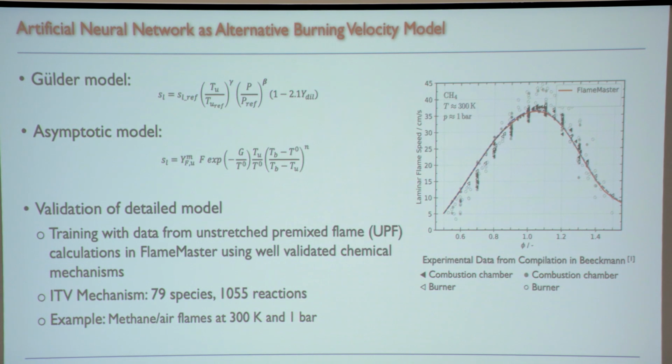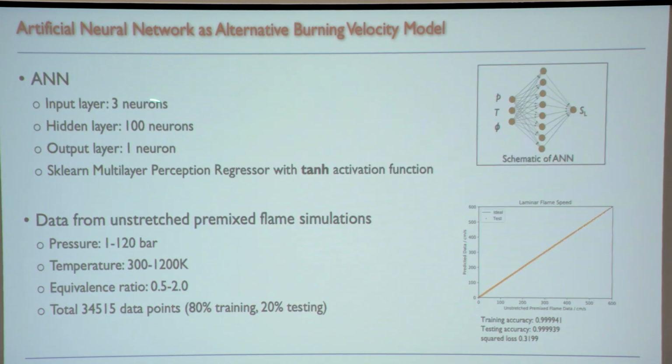This is for natural gas engines, and then we train a neural network with some data. It's a very simple network, in fact. And then we train this up to 120 bar, different temperatures, equivalence ratio from lean to rich, and so on. We use about 80% for training, 20% for testing.